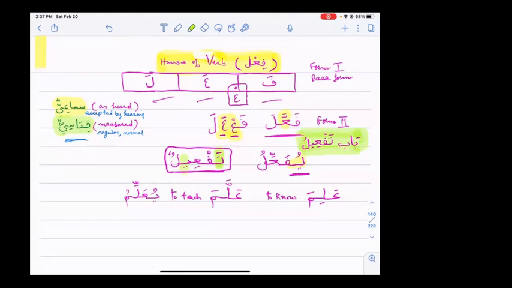Yu'allimu, so what will be the mastar? Ta'alimun, ta'alim. Allama, to teach, yu'allimu, he teaches, and then what does ta'alim mean? Teaching.